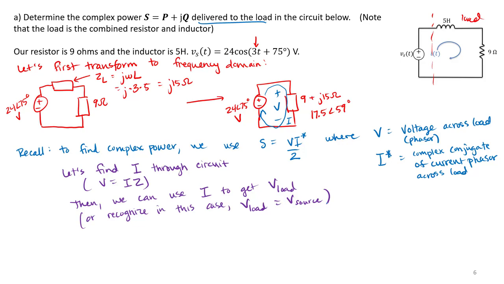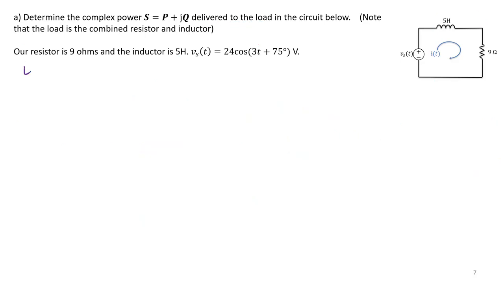So let's go ahead and first find our current I. We know by Ohm's law, our current I must be equal to our voltage phasor across the load divided by Z, which is 24 angle 75 degrees volts divided by 17.5 angle 59 degrees ohms.